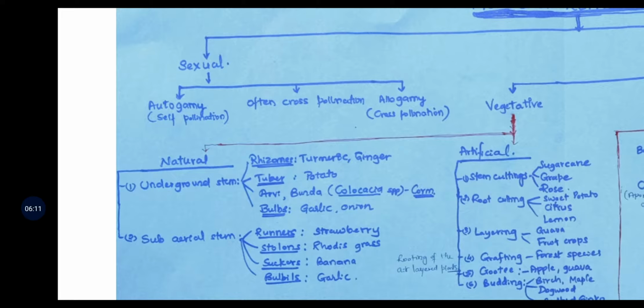Autogamy is nothing but self-pollination, where the pollen of the same flower will pollinate the stigmatic portion. Allogamy is the reverse, where pollen from a different flower pollinates a different stigmatic portion. Often cross-pollination means where cross-pollination is observed at 5 to 30%.